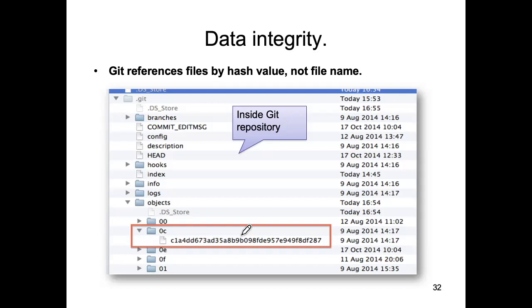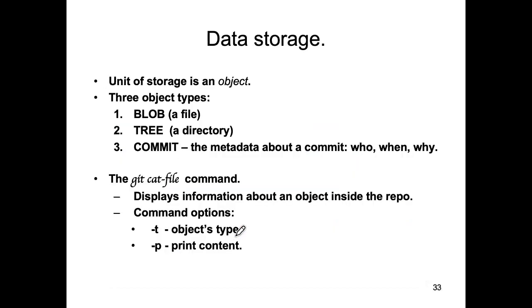So that's what's happening internally. You will not find files inside the Git repository that have the same name as the files in your working directory. So you won't find a product catalog.js, for example. Everything inside the Git repository is stored as an object. It just uses this term object in a generic sense.